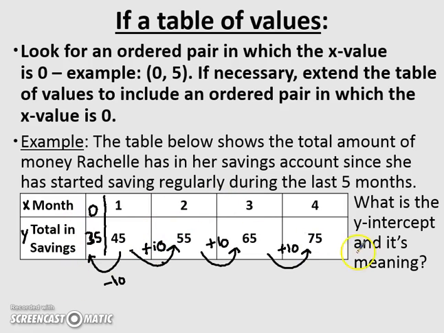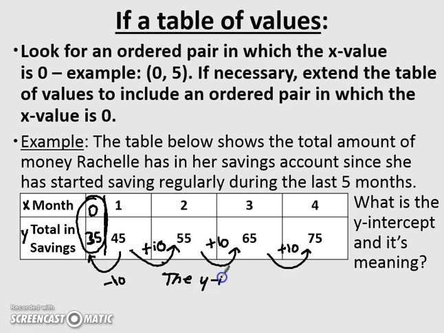Remember, this table is showing the total amount of money that she has over certain months, and our task is to see what is the y-intercept and its meaning. So now we've extended this table to include an x value of 0, and the output was $35. Remember, 0 is how many months that she's been saving. So she hasn't been saving any months, but she still has $35 in her savings. So let's talk about what that means in context to the problem.